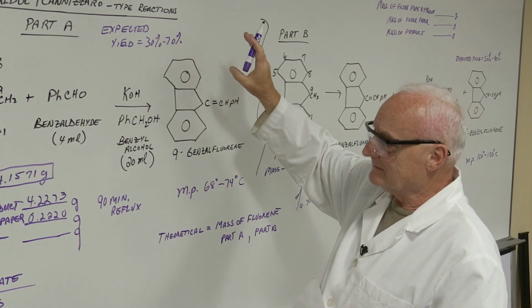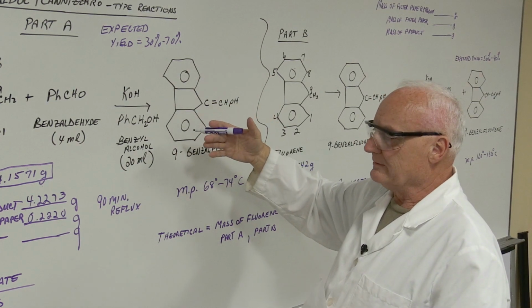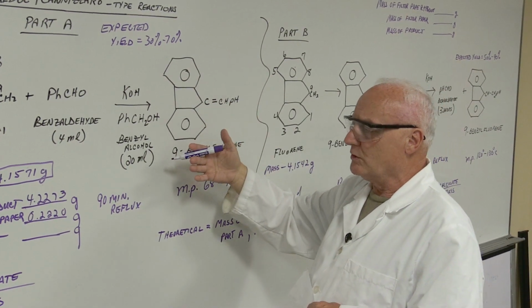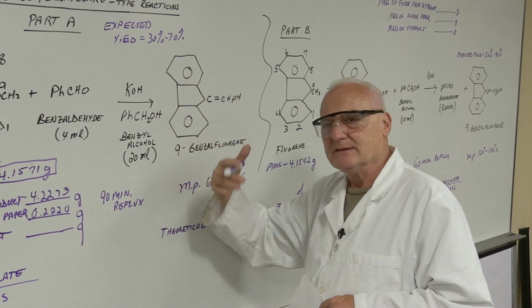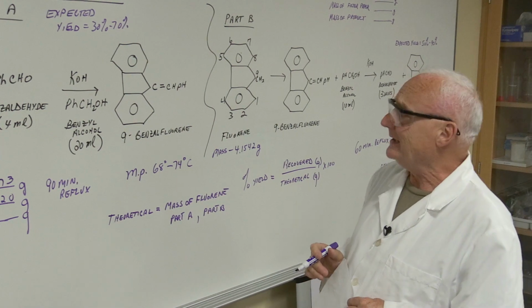If you don't obtain that or you're out of that range, write that in your formal report and define why you're probably not in that range, if you're not.